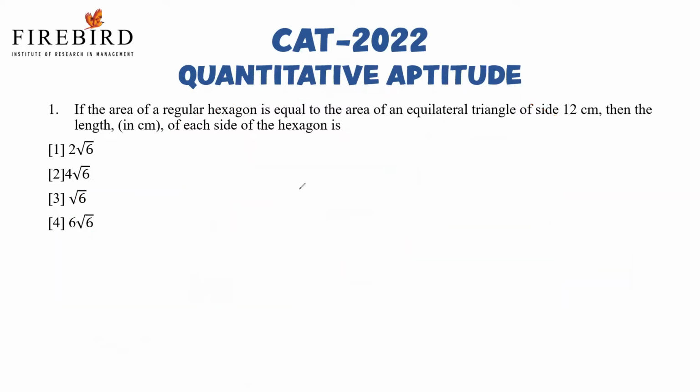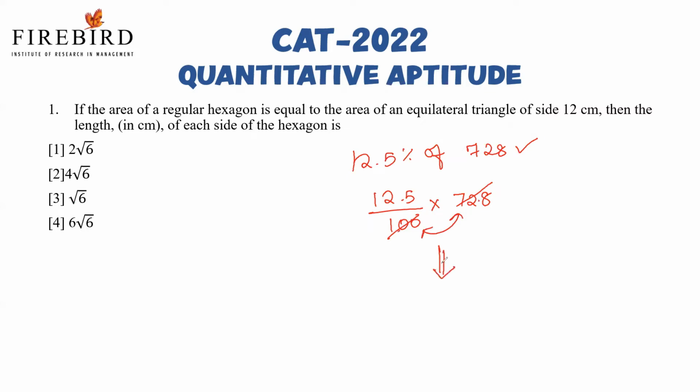And also, see, why you have to use this? If I ask you, what is 12.5 percentage of 728? By the previous method, I would do 12.5 by 100 into 728, and you can cancel this in terms of the two table and then solve it.